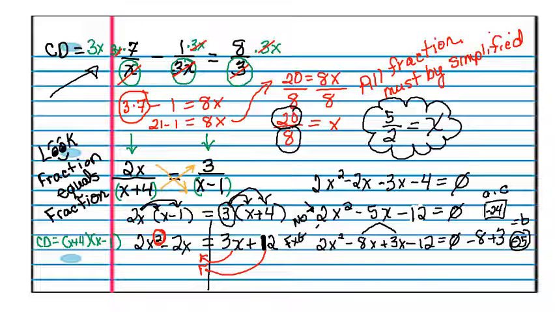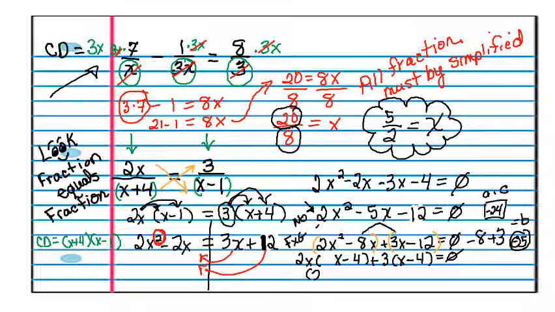Going to do some factor by grouping. Okay, so we're going to factor out. First group, I'm going to factor out a 2 and an x, which is going to leave me with an x minus 4. And the next group, we can factor out a 3, which is going to leave me with an x minus 4. See, there's my twins.